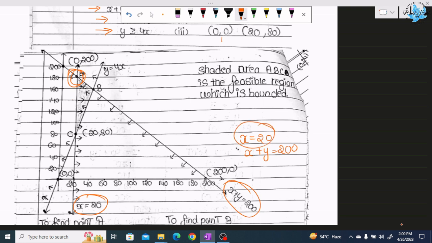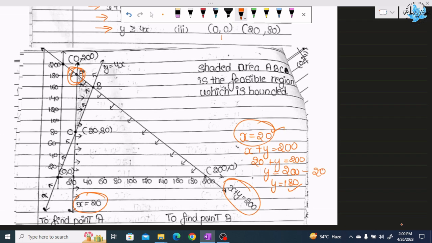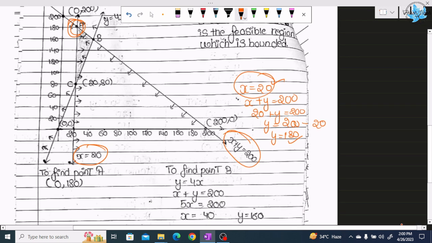So just put the value of x coordinate, that is 20 plus y equals 200. You will get y equals 200 minus 20, so y equals 180. So the A coordinate value is (20, 180). By elimination or substitution, you can find the value of the A coordinate.